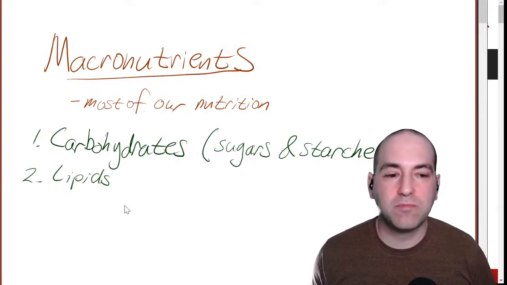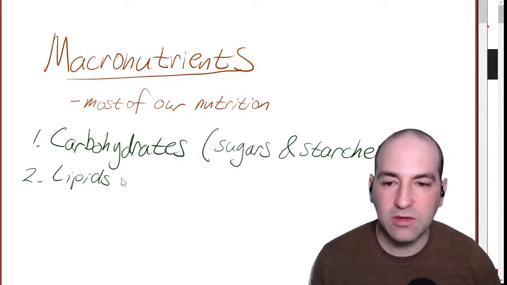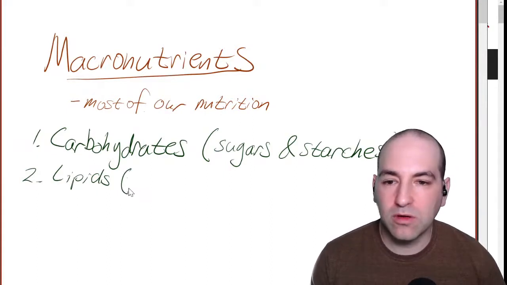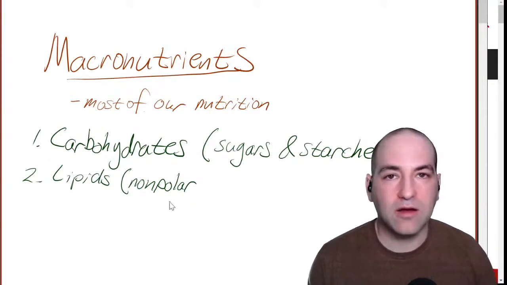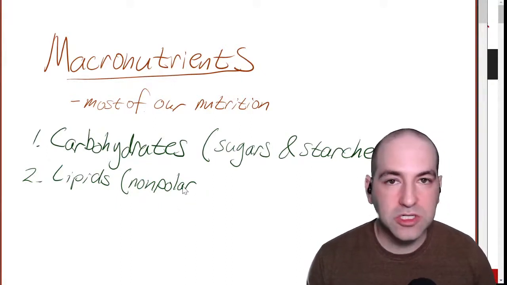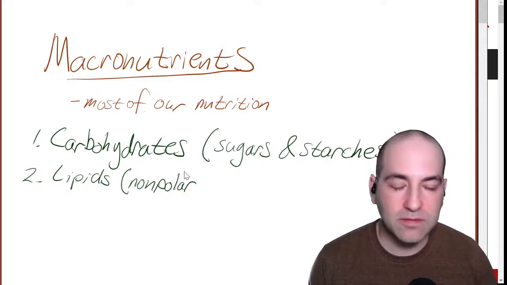Lipids are actually a very, very big category of lots of different kinds of molecules. It's all nonpolar things, so things without a lot of oxygen and nitrogen and things that make for polarity that we talked about in the last unit.